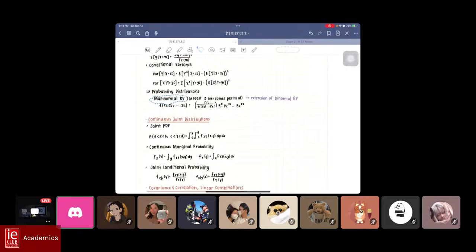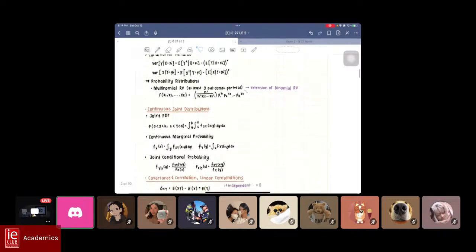So it's an extension of the binomial RV. What's different lang between the binomial and the multinomial is the multinomial has at least 3 outcomes per trial. Since your binomial, it's always p or 1 minus p lang, kasi you only have 2 different possibilities. Your multinomial, there's at least 3 outcomes. And then you could plug in this formula lang to get the answer.